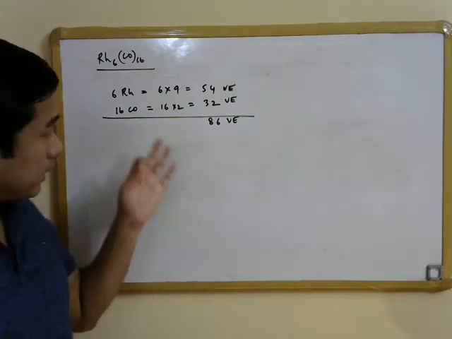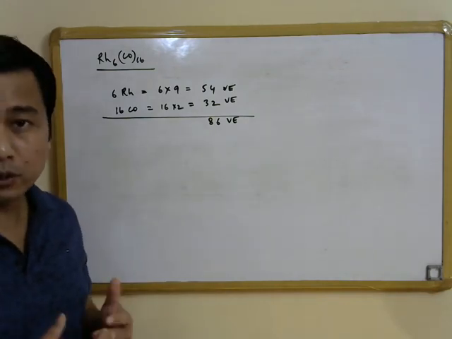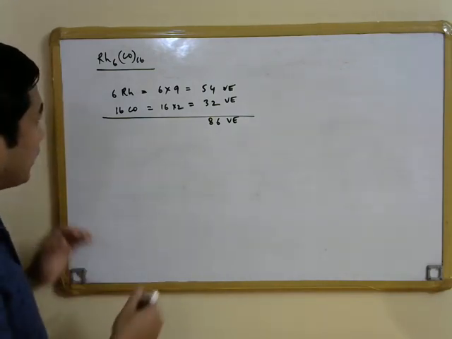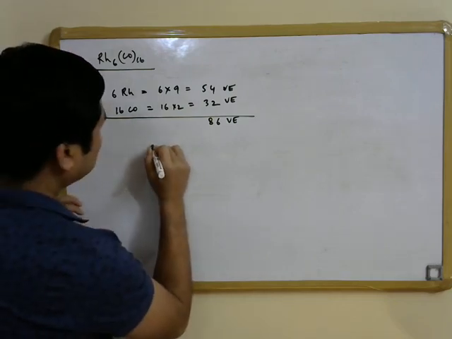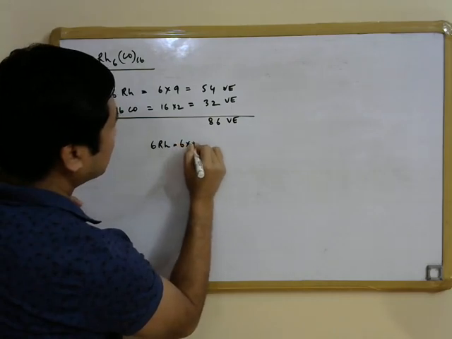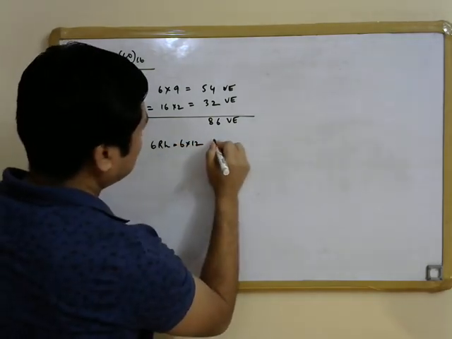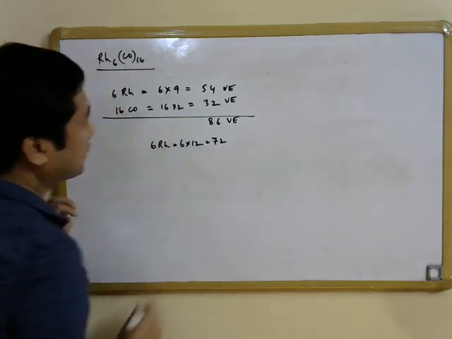We'll have to deduct those electrons from the total valence electrons to obtain the number of electrons which are going to be used for skeletal bonding. So for 6 rhodium we have to deduct 6 into 12 non-skeletal electrons, which is equal to 72 electrons.